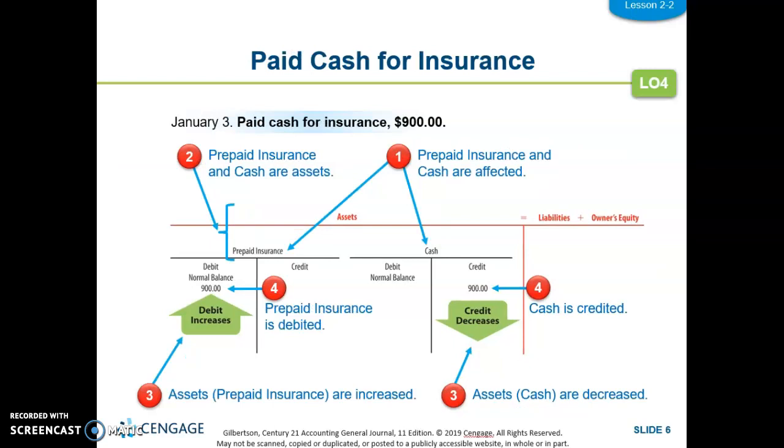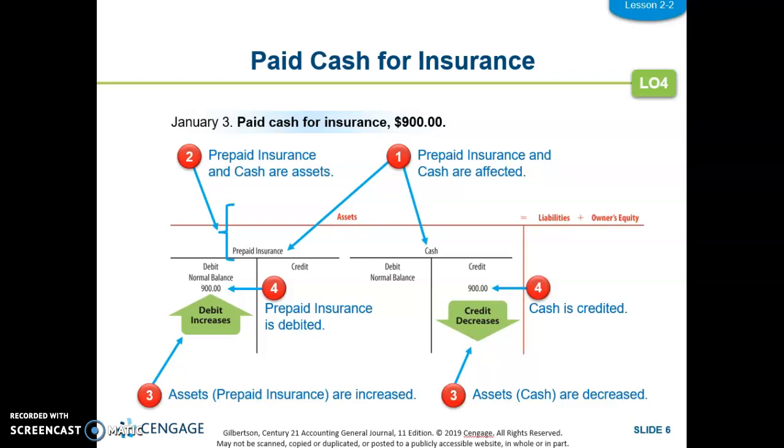This transaction on January 3rd, we paid cash for insurance, $900. This is very similar to paying cash for supplies. One asset is increased and one asset is going to be decreased. So the first question that we would ask when analyzing a transaction would be which accounts are affected. We would have prepaid insurance and cash.